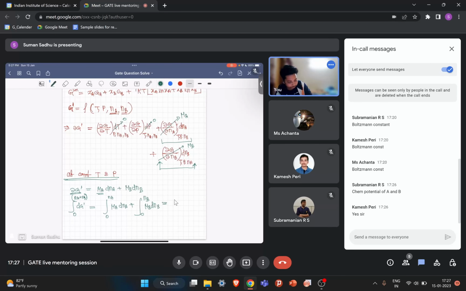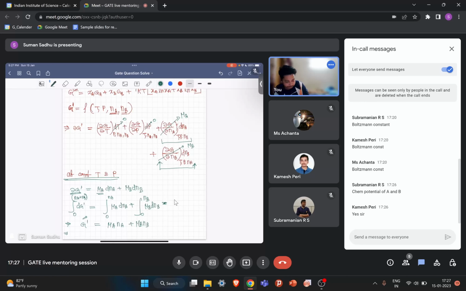So now we can write g prime is equal to mu a na plus mu b nb. So this is the integral free energy, right?